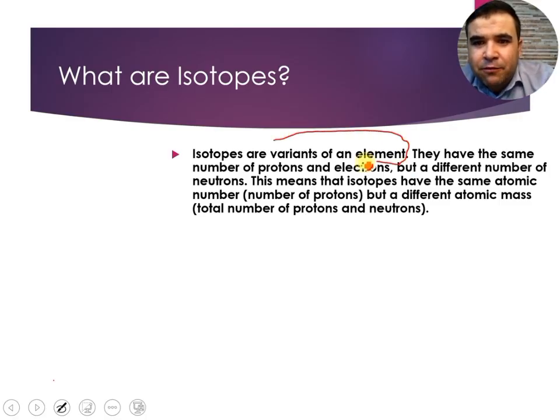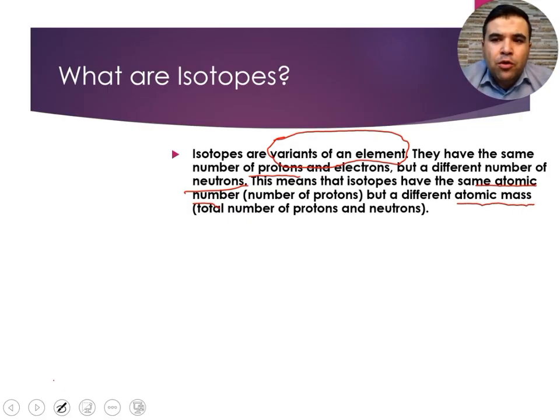We have variants of an element having the same number of protons and electrons but different number of neutrons. Guys, in chemistry, the number of protons we call the atomic number, and the number of protons plus neutrons we call the atomic mass number.